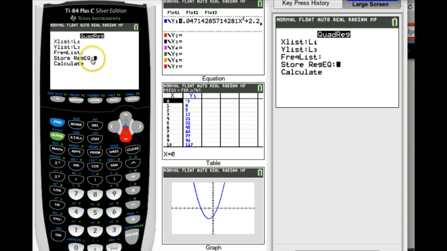Also, you don't want to store the regression equation in your Y1. That would take away the equation for the car. You need to store this one in Y2. Apparently on some of the newer calculators, there's a shortcut to get to the Vars, Y-Vars function that I actually didn't know about because my personal calculator is older.